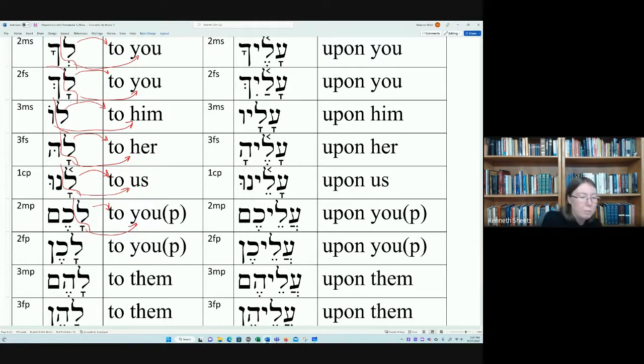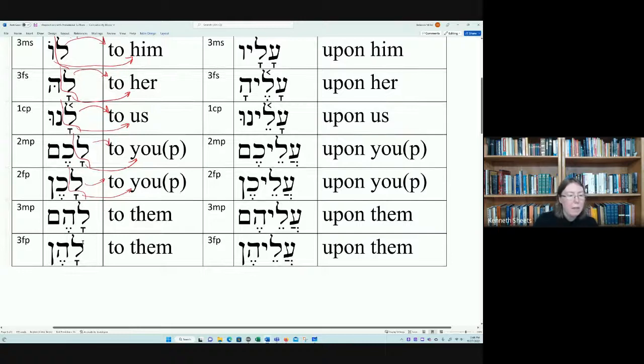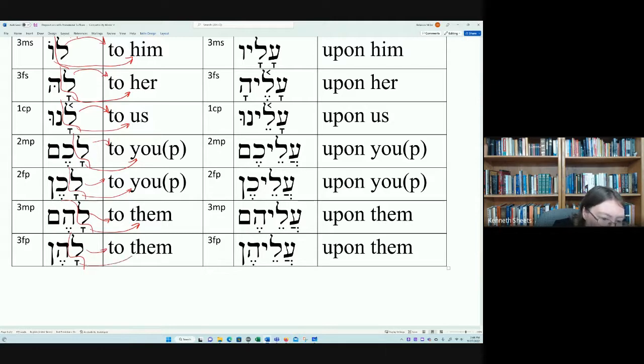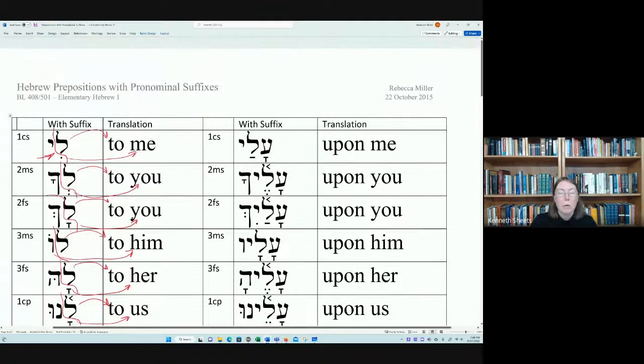So to you. Laken, same thing, just feminine. So to you, feminine plural. Then we have lahem, and you can see the Lameth preposition with the ahem, third masculine plural pronominal suffix, and so thus "to them," and lahen. And so thus again, you would have "to them," feminine plural. So those are going to be your prepositions with pronominal suffixes.